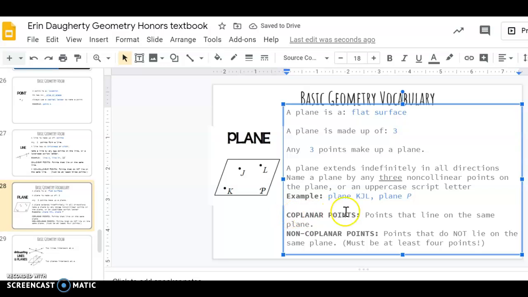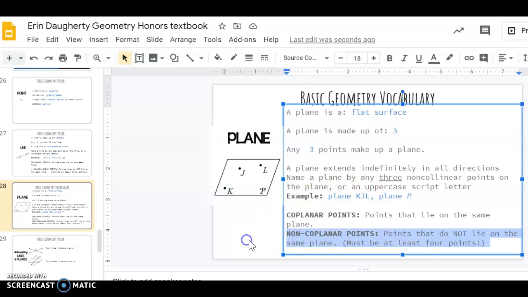All right, now coplanar points, so points that lie on the same plane. Okay, points that do not lie on the same plane, these are non-coplanar points, and there at least needs to be 4 points. Because 3 makes a plane, 1 more kind of shows that it's not on the same plane.